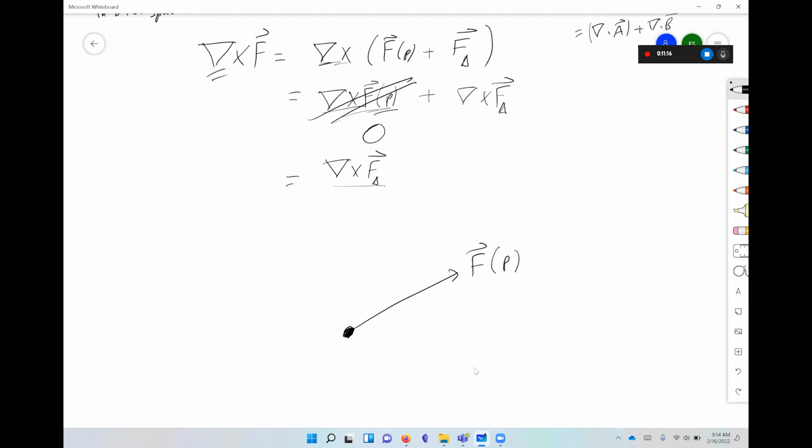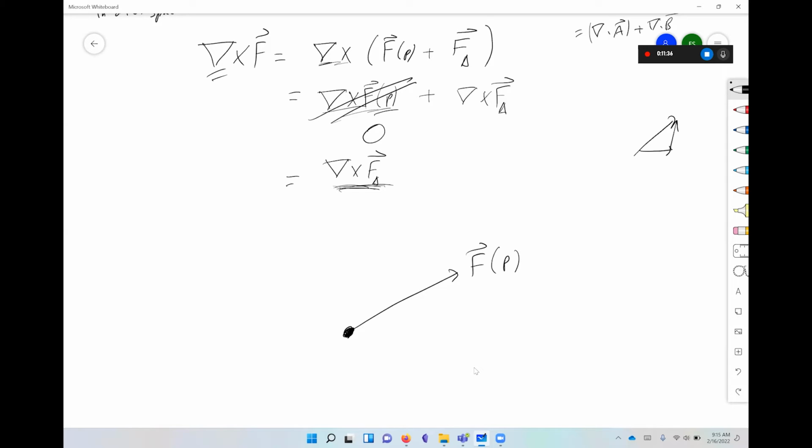Now, curl F delta is a vector. Since curl F delta is a vector, we can always decompose it. I can decompose any vector into vectors that add up to that vector. But here I want to decompose the curl. It's a vector, unlike the divergence, which was just a scalar, so this is more complicated.